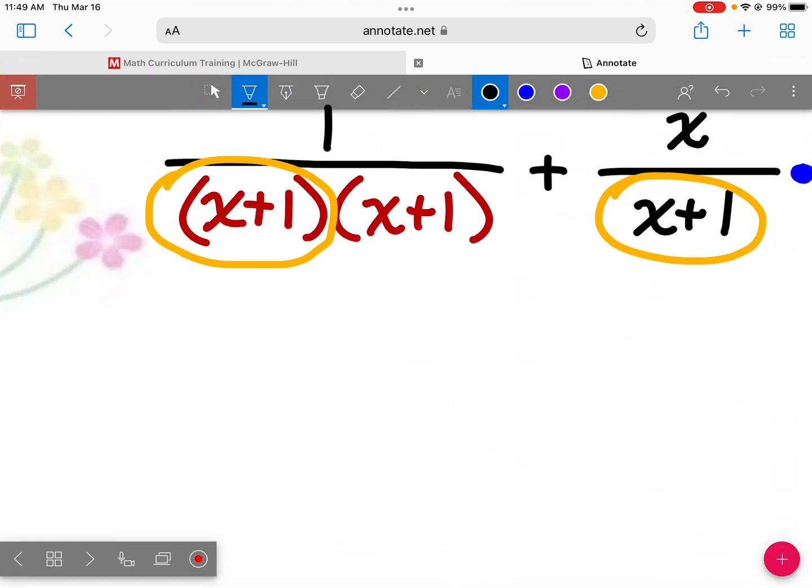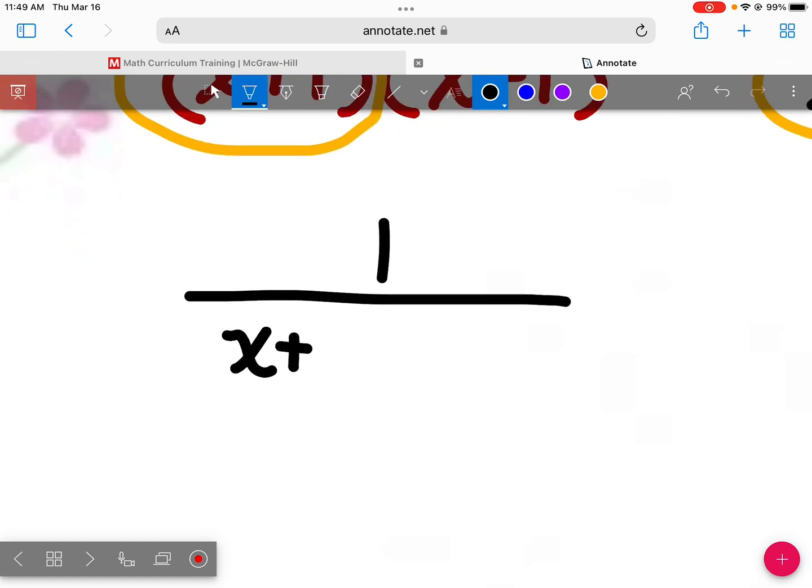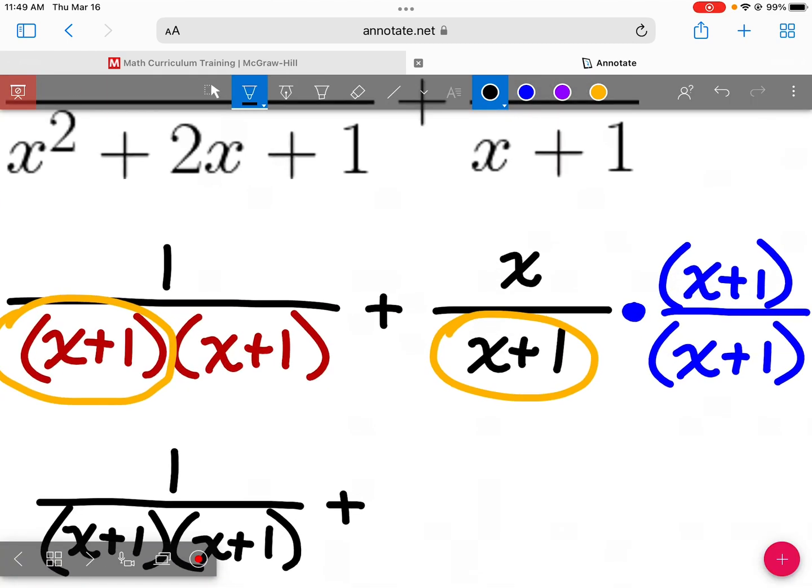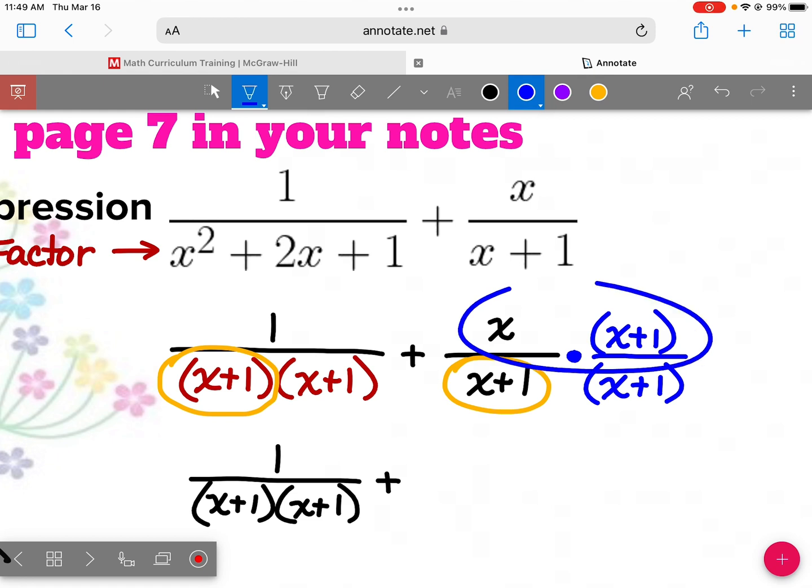All right, so my first fraction, 1 over x plus 1 times x plus 1, plus, what am I doing right here? I'm multiplying. How do we multiply? Straight across. What am I multiplying x to? The x and the 1.